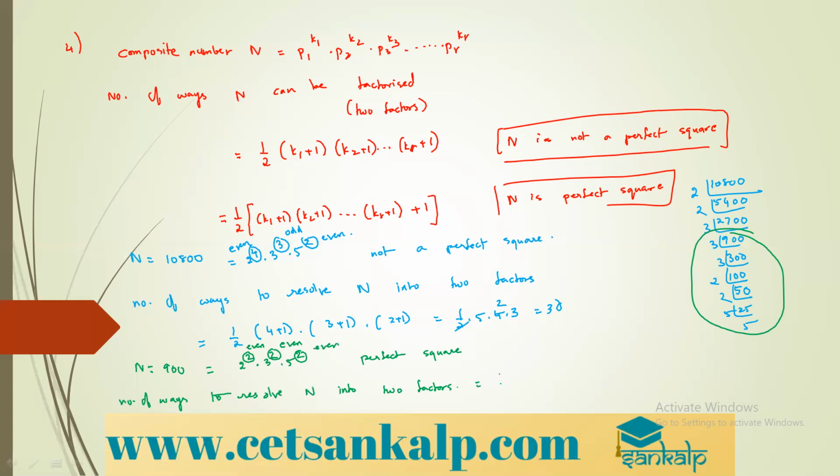It will be 1 by 2 into (2 plus 1) into again one more (2 plus 1), again one more (2 plus 1), lastly add 1. You have to add. So you will have 1 by 2 into 3 into 3 into 3, 27, plus 1, 28. So 14 such ways are there.